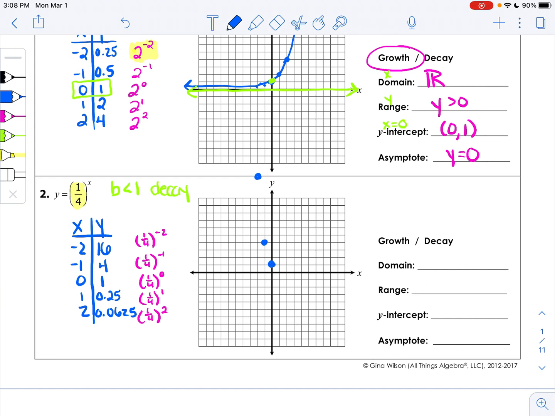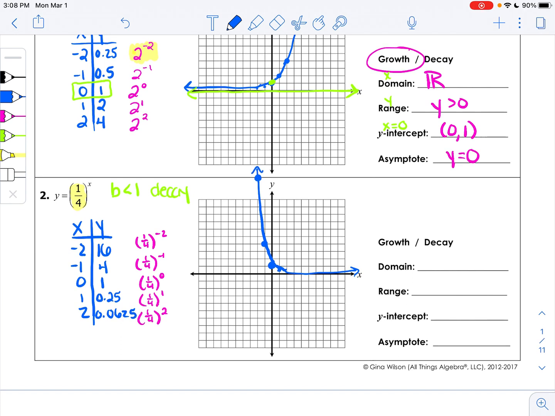And then again, for your decimals, you just have to estimate. So over 1, up 1/4, over 2, up not even 1/4. And then we can connect those. And we see it's kind of doing about the same shape. It's approaching that x-axis again, but not exactly quite reaching it.